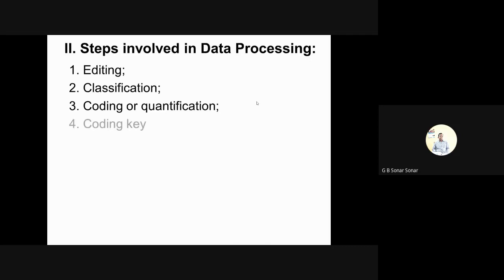The fourth sub-step of data processing is preparation of the coding key. Coding key is nothing but description of the number of variables or questions, name of the variables or questions, answers received for the respective variables or questions, and the code given to each answer of each question.